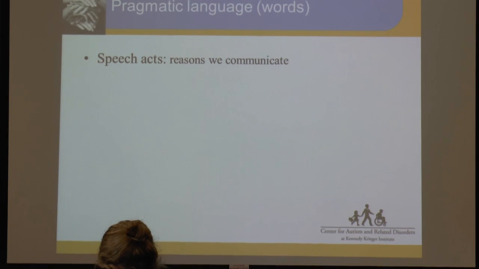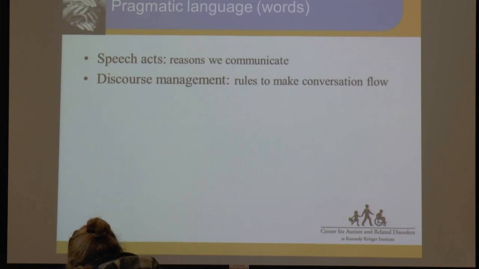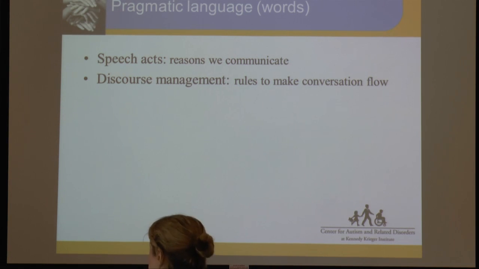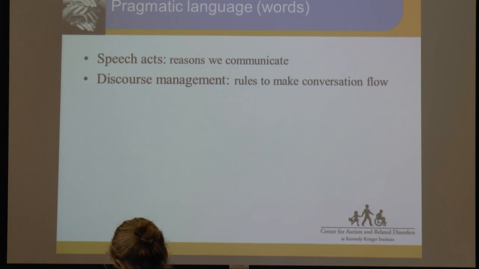Another area of pragmatic language having to do with the words and the way we use them is discourse management. And this really refers to the rules that we have in a social interaction that make that conversation flow smoothly between one person and another. So this includes being able to initiate new topics, to maintain a topic with another person, to elaborate on those topics, and not only to do it for our own topics, but also to do it for the other person's topics.